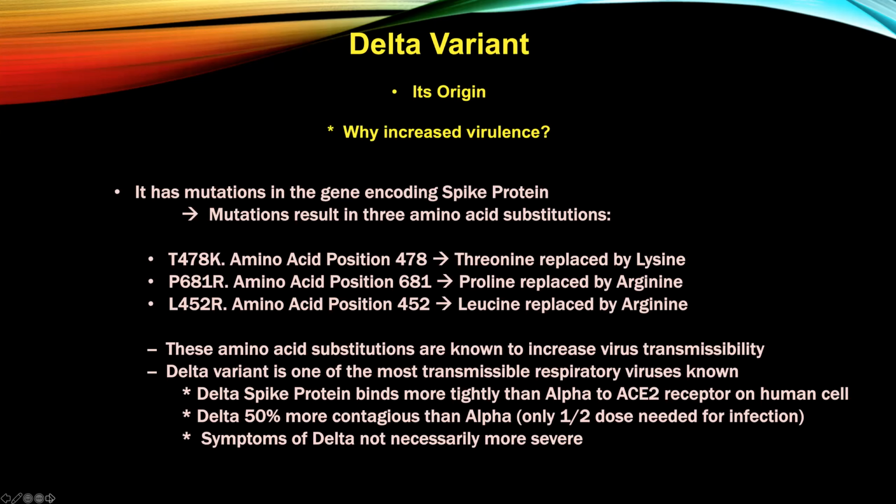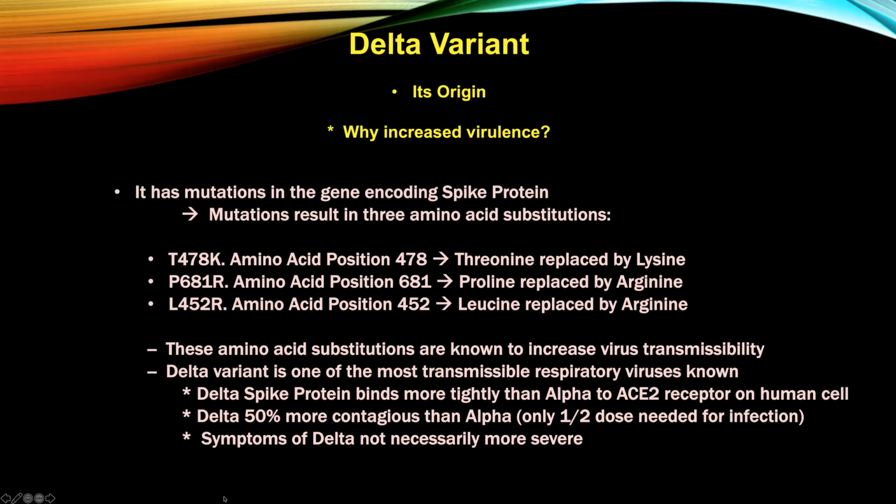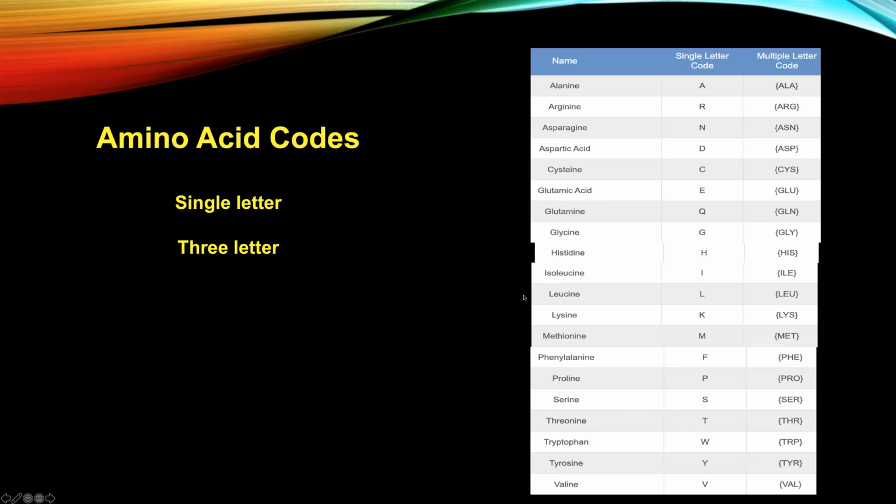And just to remind you, there are single letter and multiple letter codes for amino acids. So T to K: T is threonine, changed to K, which is lysine.